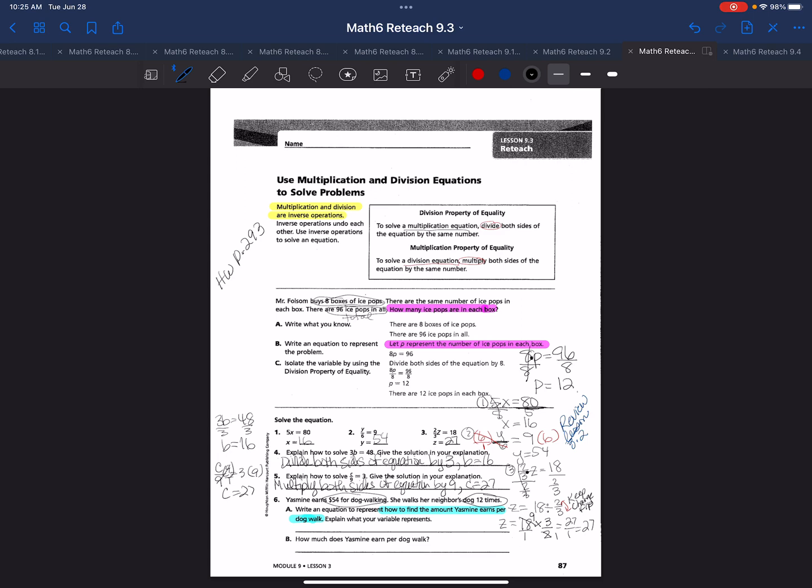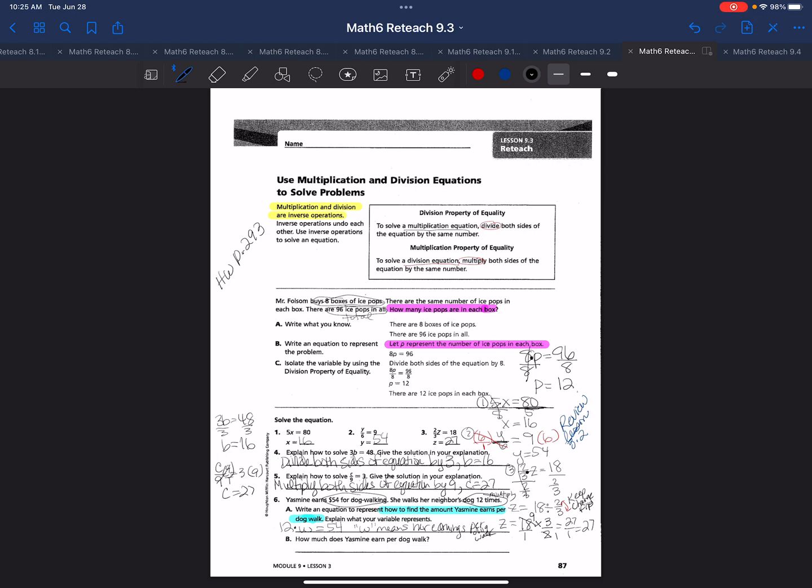Well, if she's walking the dog 12 times, that's 12. This is multiplication here because it says 12 times. So it's 12 times W equals 54. And W means her earnings per dog walk.